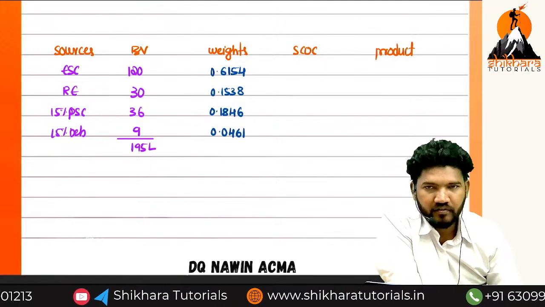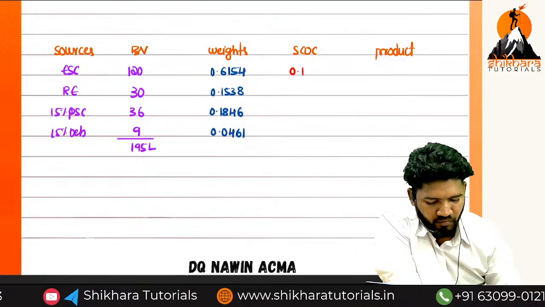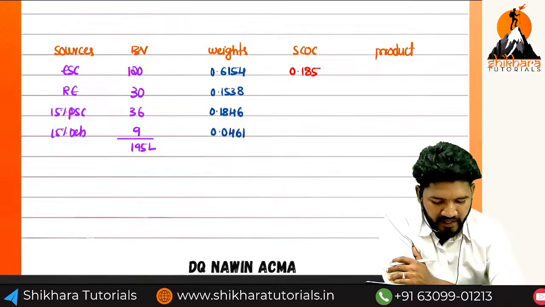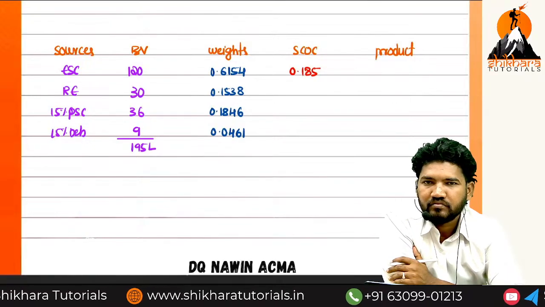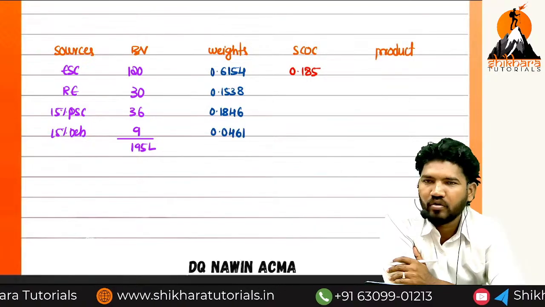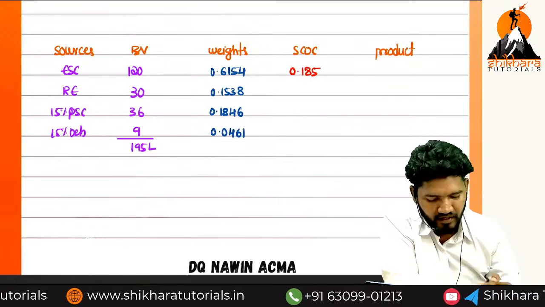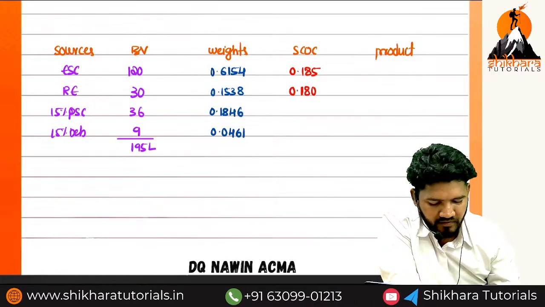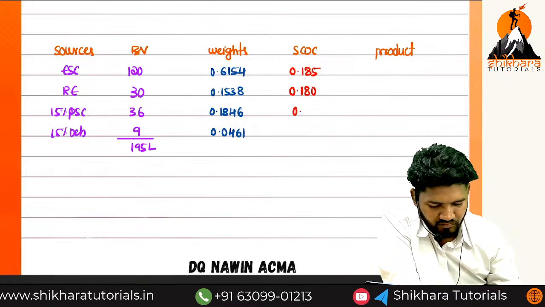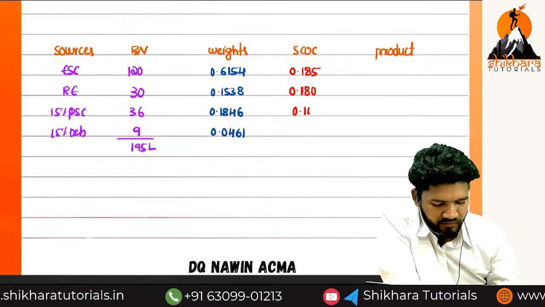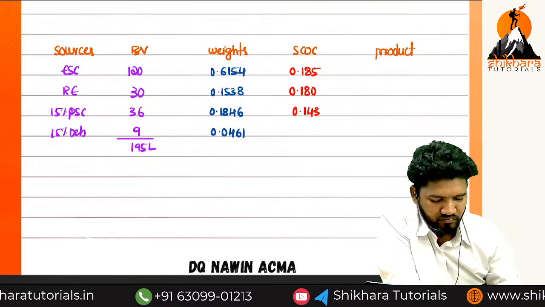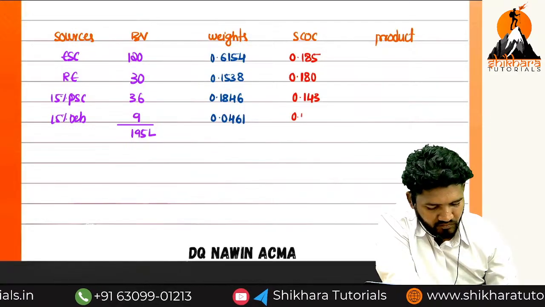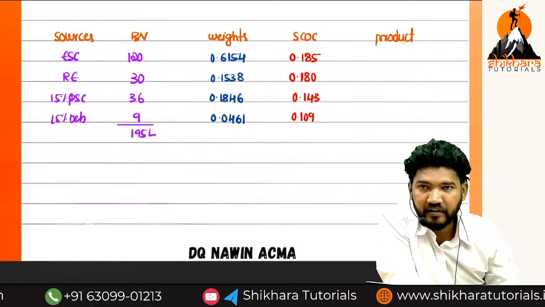What about the KE? 0.185. 18.5% only, no? KE is nothing but KR. No, KE is different. KR is different. How much? 8. What about preference shares? 1.4. Debentures 1098.